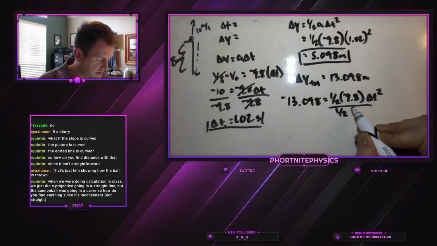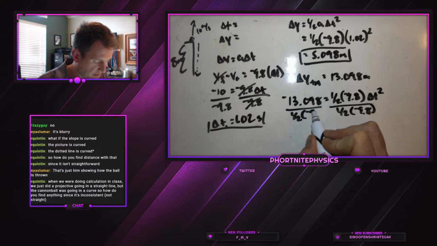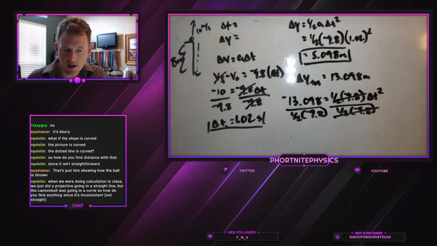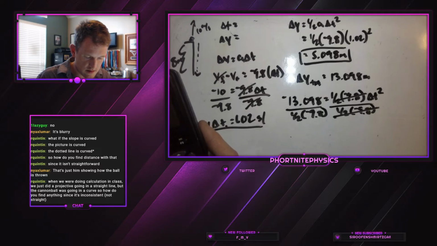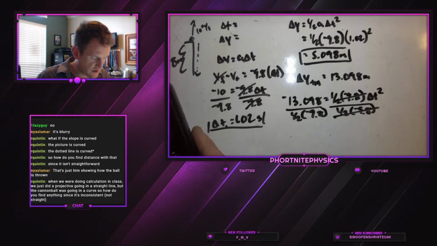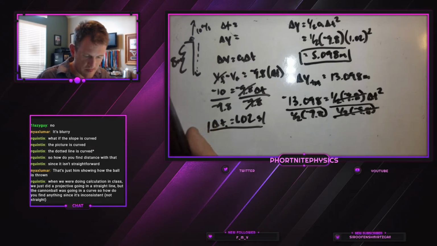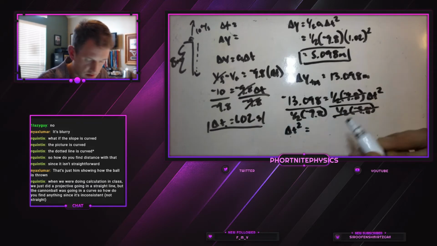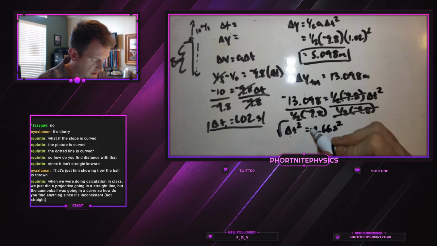If we divide both sides by 1/2 of negative 9.8, we end up with a time squared equals 2.66 seconds squared.